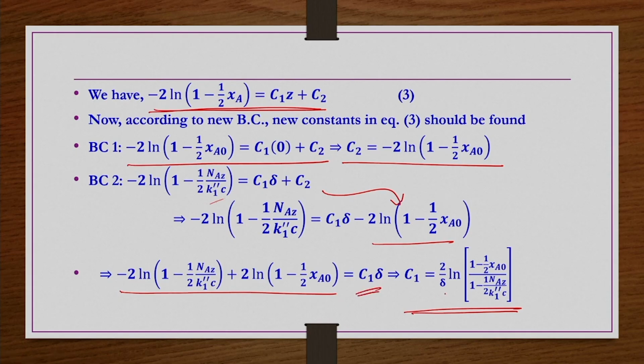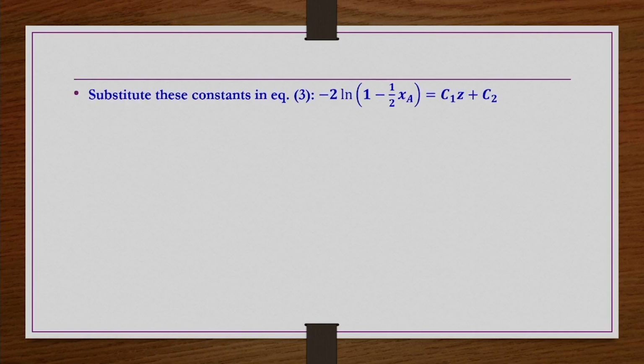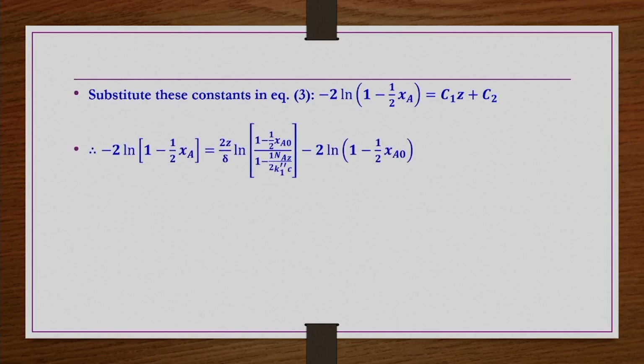That delta also if you take to the left hand side, you have 2 by delta ln of 1 minus 1 by 2 Xa naught divided by 1 minus 1 by 2 NAZ by K1 double prime C. This C1 and this C2 you got, if you substitute in equation number 3, you will get the concentration profile. Other than Z here, the first term on the right hand side is C1, and the second term, minus 2 ln 1 minus 1 by 2 Xa naught, is nothing but C2.